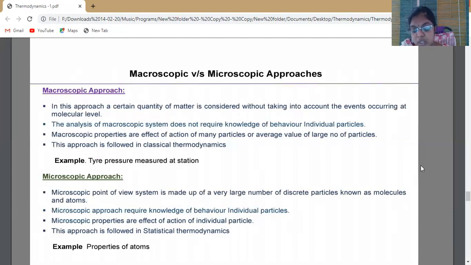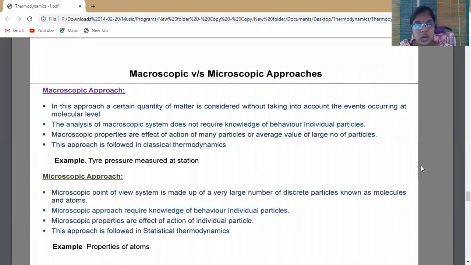Not taking the large amount of molecules at a time, you are taking a small amount of molecules and taking the values, and we calculate the pressure and temperature by using the macroscopic approach. The average behavior of molecules is considered, and finally we can calculate the values of pressure and temperature with the help of the macroscopic approach.